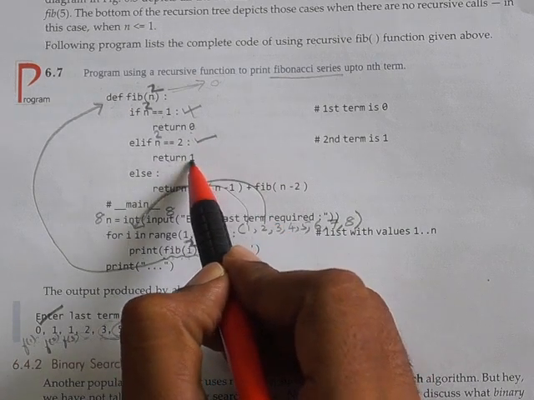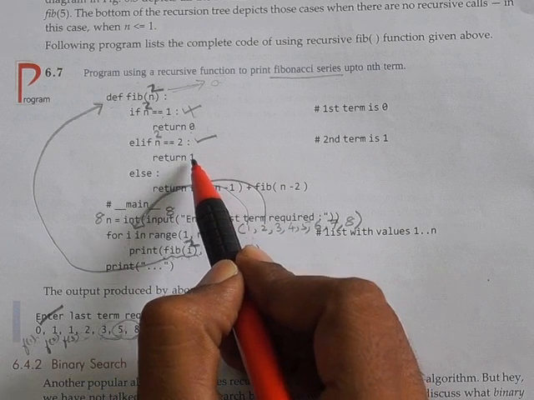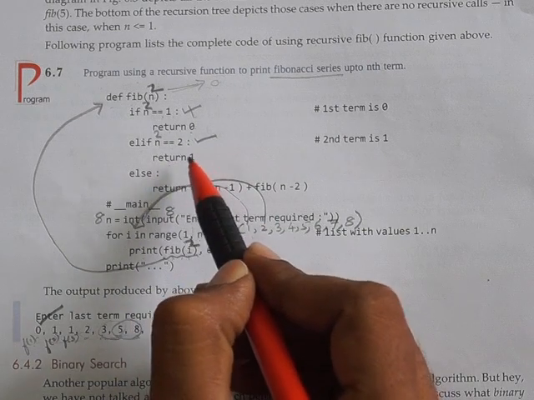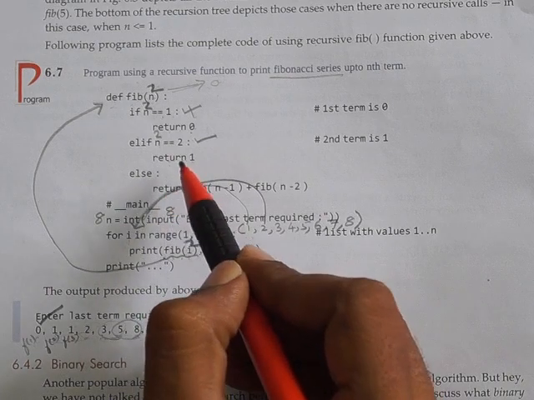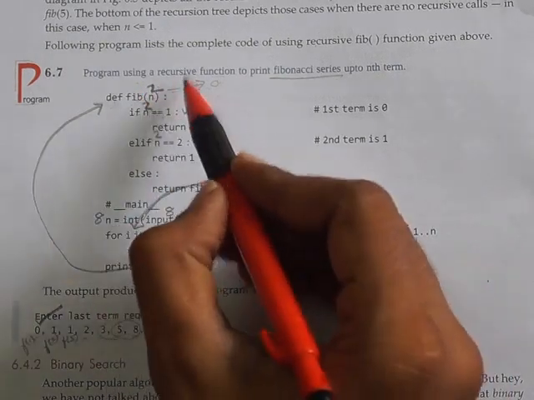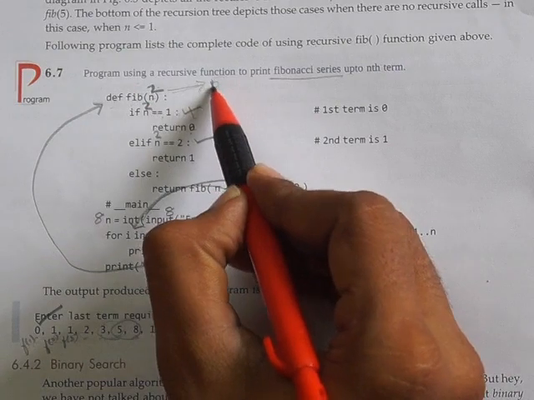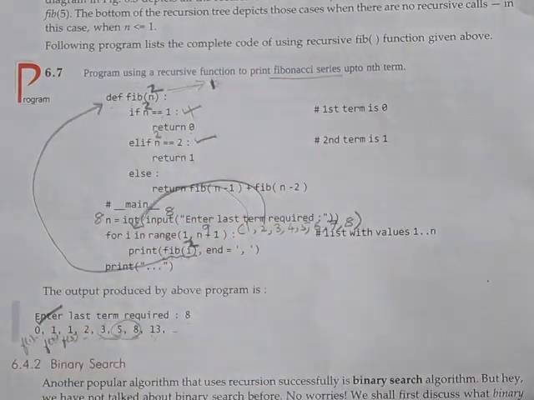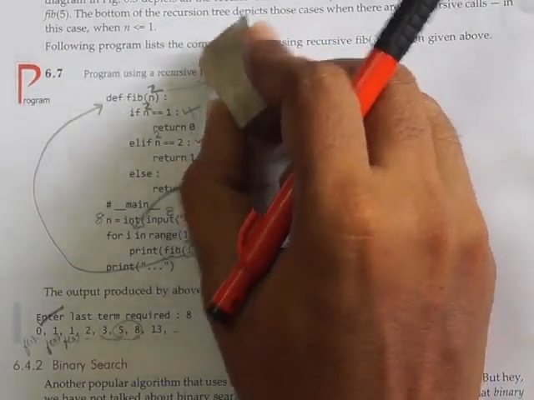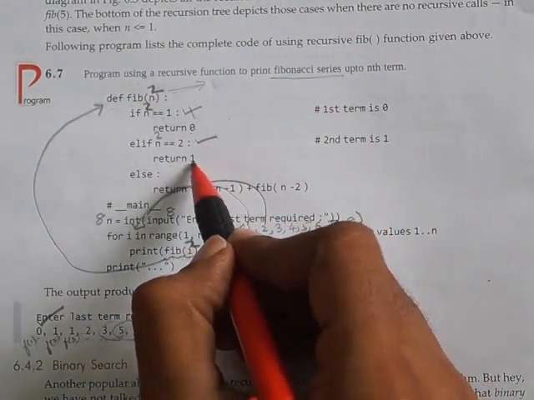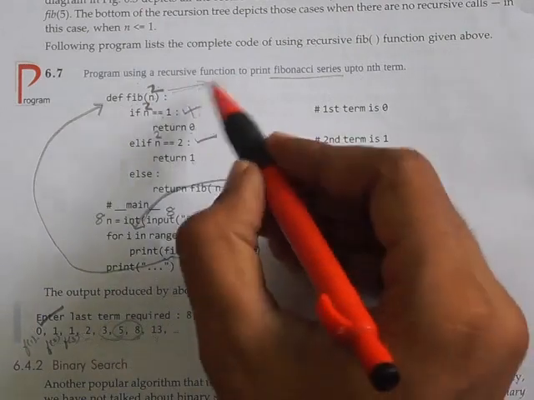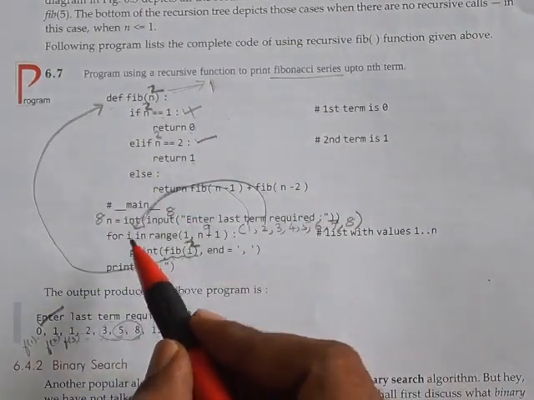Return 1. I told you, once you reach return, it won't look at the next line. So return 1 means this function value is 1, not 0. Because of this return statement, this function fib 2, the answer is 1.